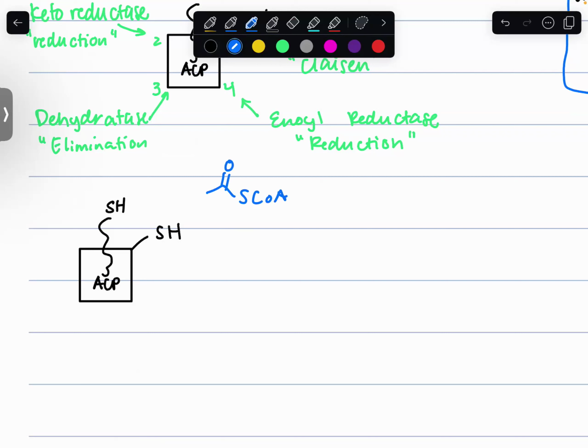CoA is not something you need to know. It's short for coenzyme A, which is a super long chain. That's why we shorten it to CoA. The most important thing to take away from S-CoA is that it's a thio connecting two carbon chains, and that CoA can easily leave. So we have our S-CoA. Like I just said, it easily leaves. The first thing that's going to happen here is we're going to deprotonate this thio.